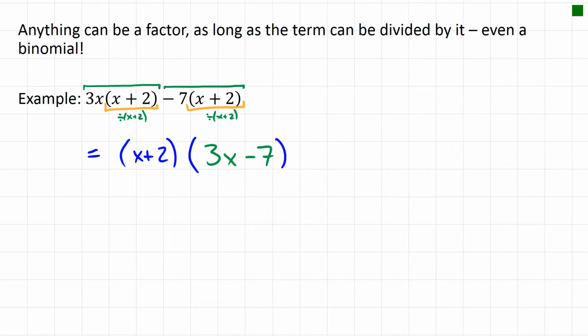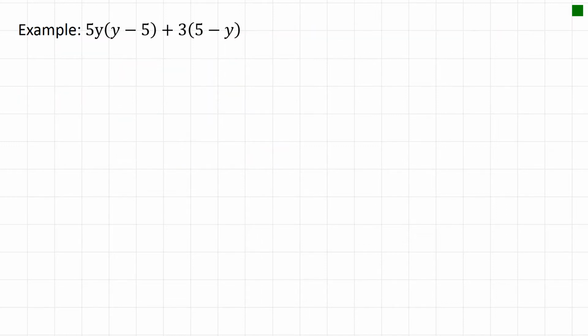So I have essentially pulled x plus 2 off of each term by dividing it. Just like we did before, except now we're doing it with a binomial, but the rules are the same. Sometimes we'll see examples where it looks like the binomials are close, but they're not quite right.